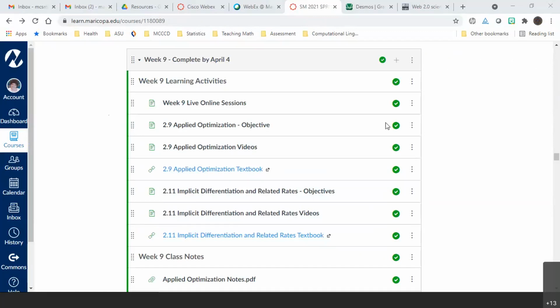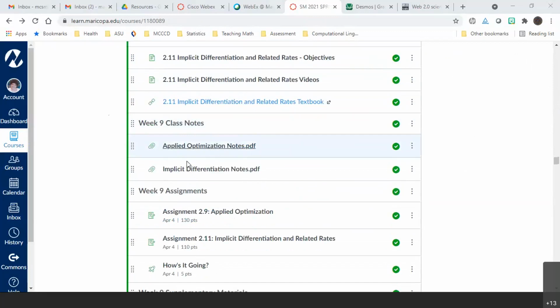Again, if you go down here, you'll see implicit differentiation notes, and that's what I'm going to be opening up on my tablet and sharing with you. As always, this takes me a while, so give me a minute to get that done.